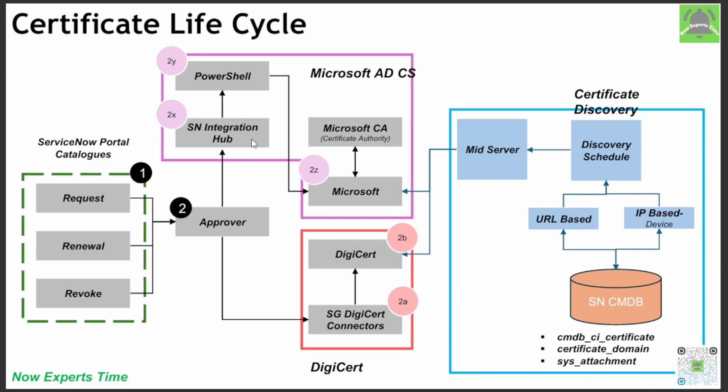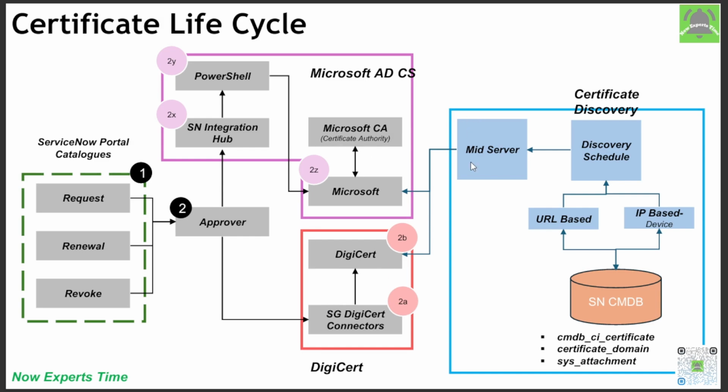So this area requires some effort to build that flow or build that action. If it is done, then using a PowerShell command, your ServiceNow and Microsoft are integrated with the help of these two items, PowerShell and Integration Hub. So this is a little custom solution. It's not a straightforward solution like DigiCert.